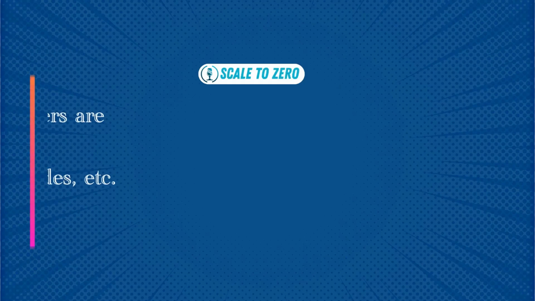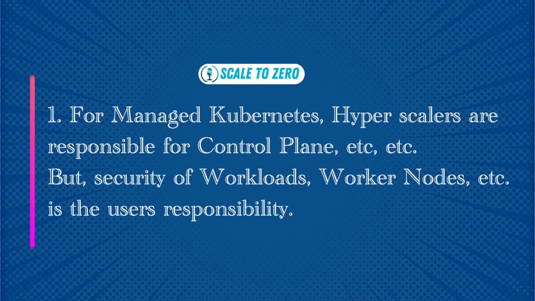Here are a few points which stood out for me. The first one is for managed Kubernetes, hyperscalers are responsible for the control plane and the key value store like etcd. But when it comes to security of the workloads or worker nodes, it's the user's responsibility.